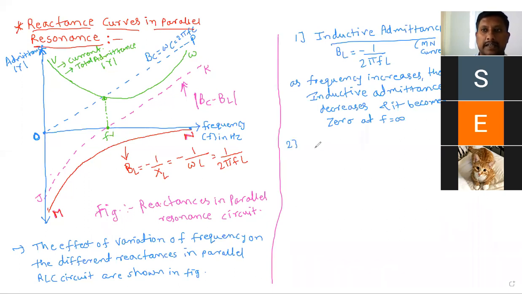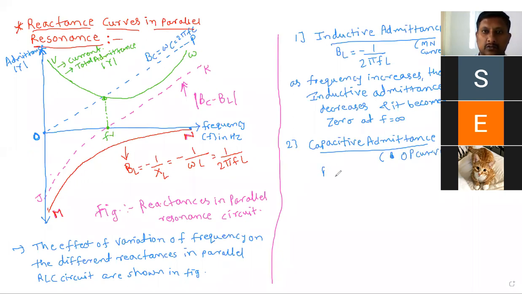Second one, capacitive admittance or capacitive susceptance. That is denoted by the blue color, the OP curve.